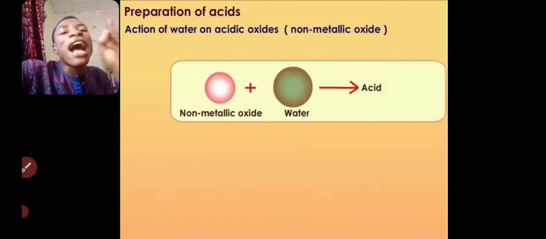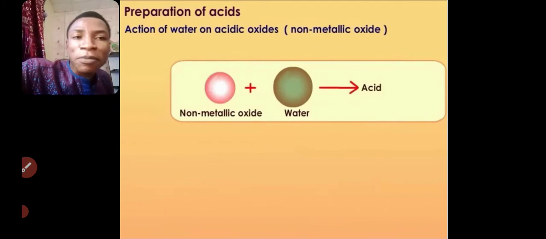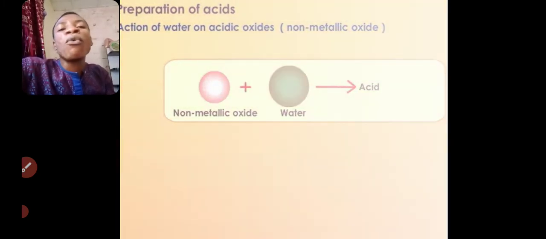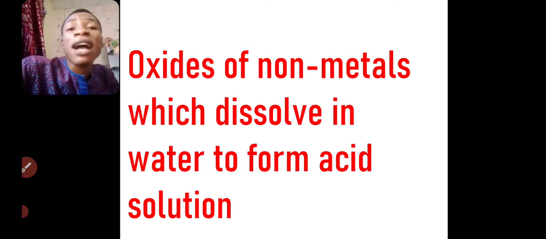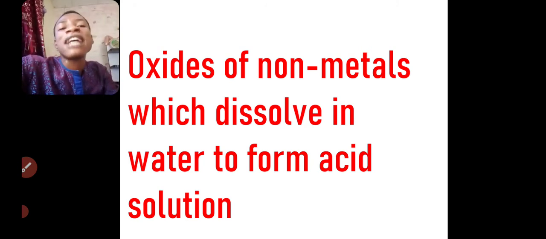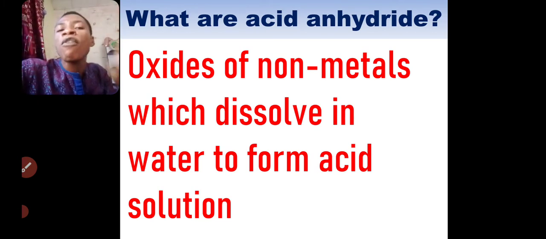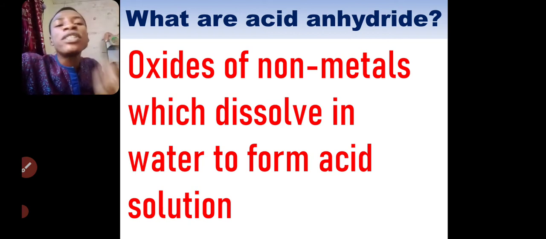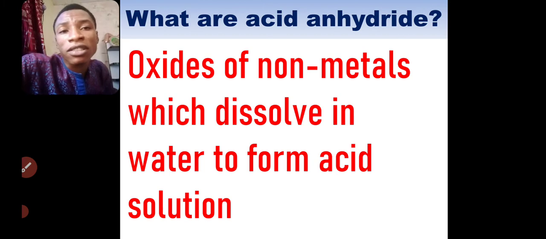Let's look at the second method of preparing an acid. It's called action of water on acid anhydride. When you dissolve acid anhydride in water, they give you acid solution. What are acid anhydrides? Acid anhydrides are oxides of nonmetals which dissolve in water to form acid solution.